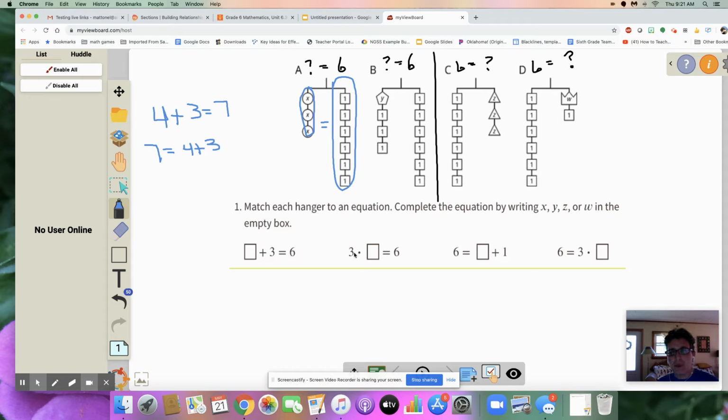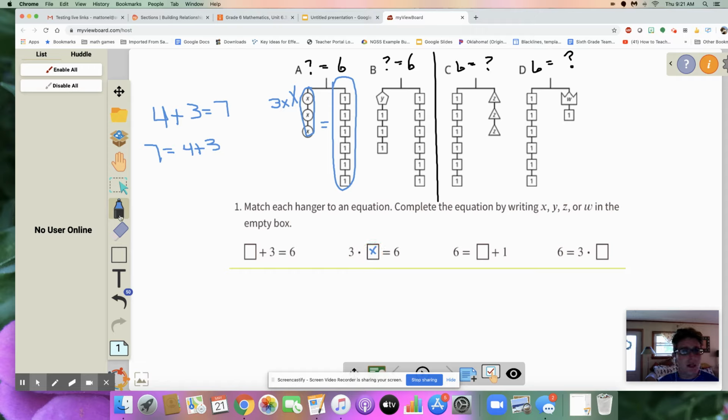But if I go to the next one and I look at 3 times something is 6, and I go back up here and I think, I have 3 boxes, or three x's. And if I say 3 times x, that does indeed get me to 6. And so I would put the x in this box.